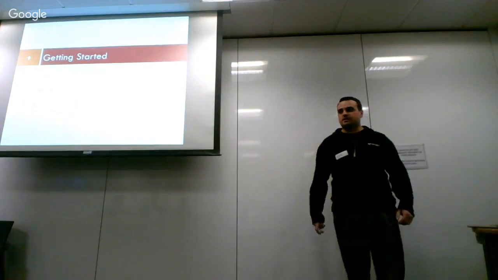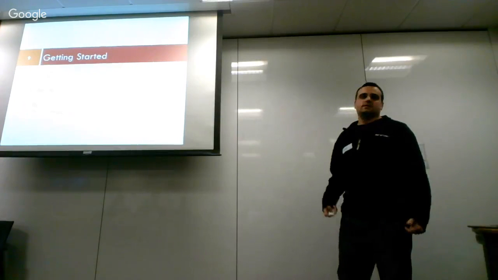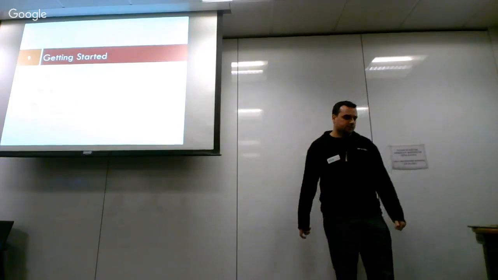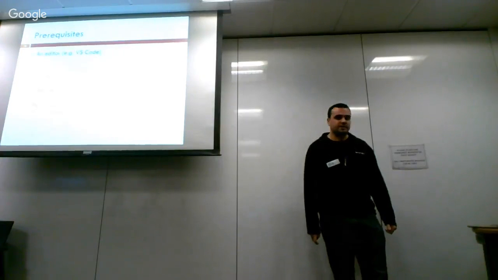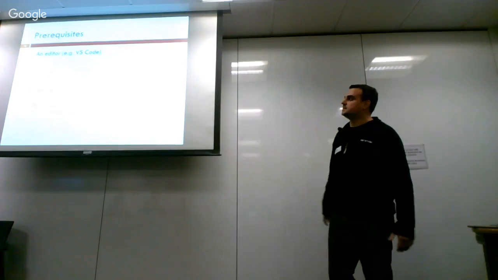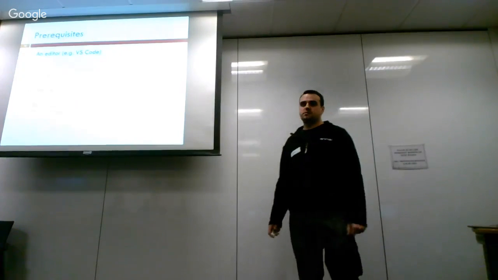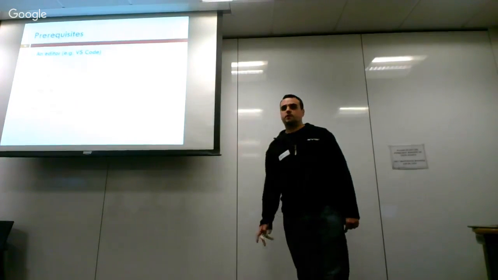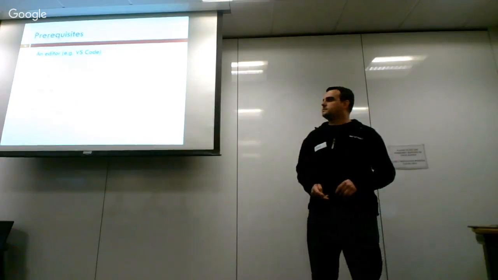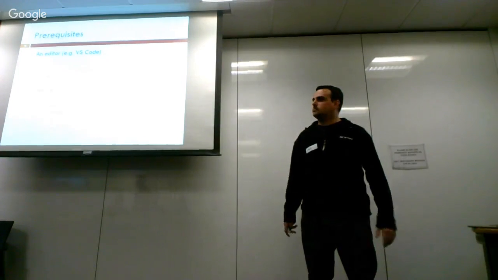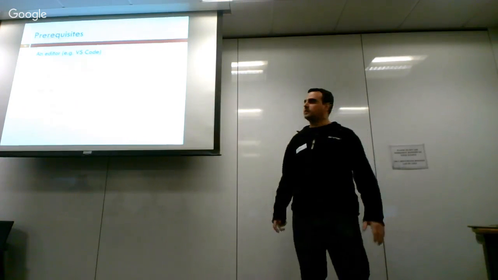So with that in mind, that's the kind of tools I want to talk about. But first of all, how can we get started with it? So what do you need? You need a code editor, obviously. My tool of choice when I'm doing Nativescript has been VS Code, which is a great open source free editor. It's kind of similar to Atom in that type of editor.